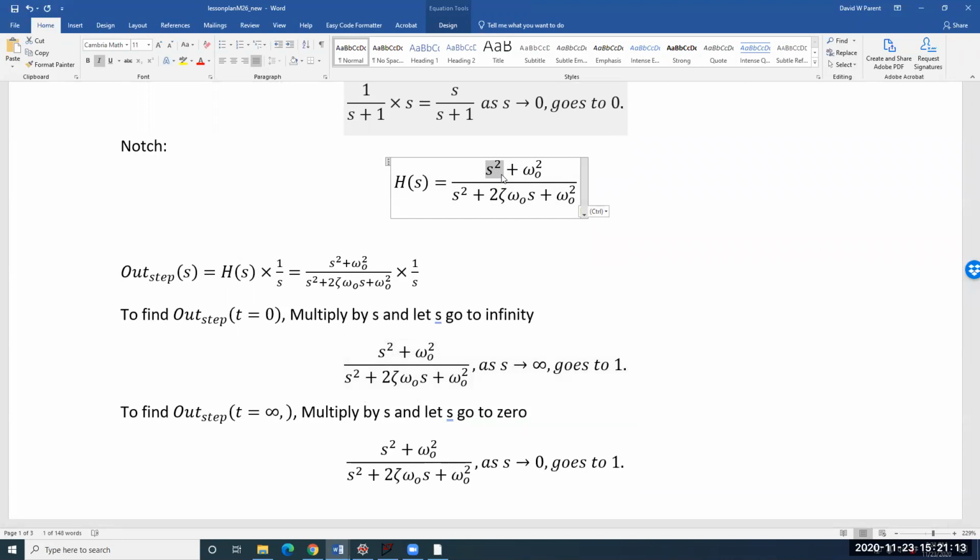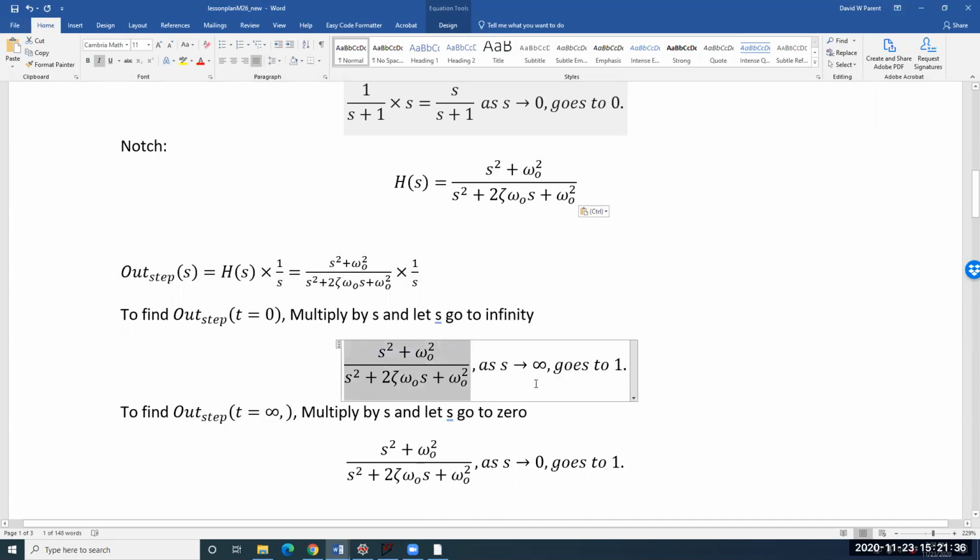For fourth order, there's another node that you need to add in there. All right. Well, again, if we want to find the step response, we multiply by 1 over S. But then we're trying to find out what happens at t equals 0 or t equals infinity. So we multiply by S again, and it cancels out. So we're right back with our transfer function.